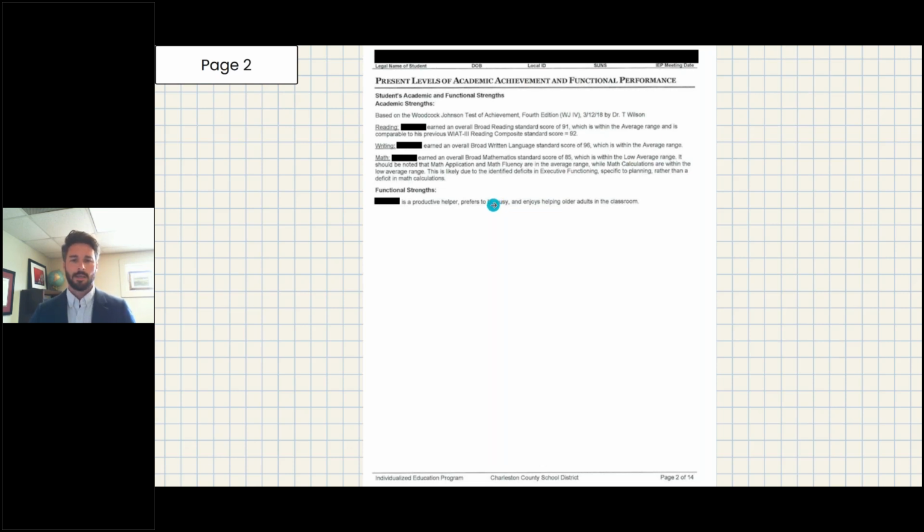All right, so another note on the reading and writing parts. Those results are compared to the results of the previous evaluation, a different academic achievement test called the WIAT, which is nearly identical, and that just means that you see comparable to his previous WIAT 3 reading composite standard score of 92, right?